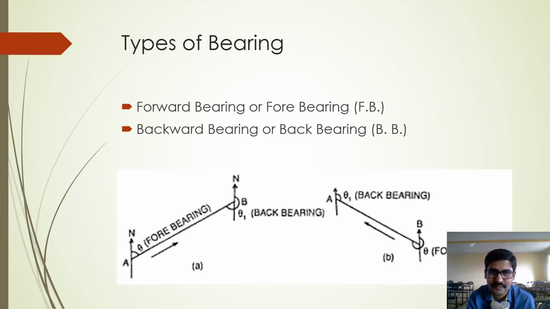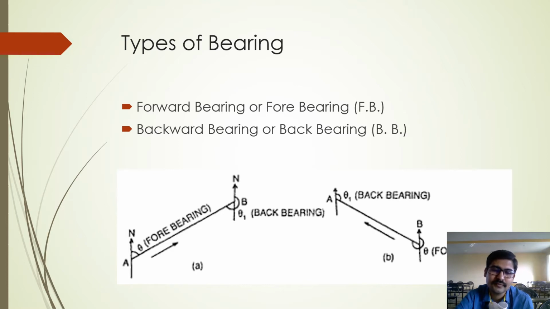Understood what I am saying? If the bearing of the line is measured at the starting point of the line, then it is called fore bearing. If the bearing of any line is measured at the end point of the line, then it is called back bearing of the line. In the diagram at A, you can easily see we have a north line shown as a vertical line.